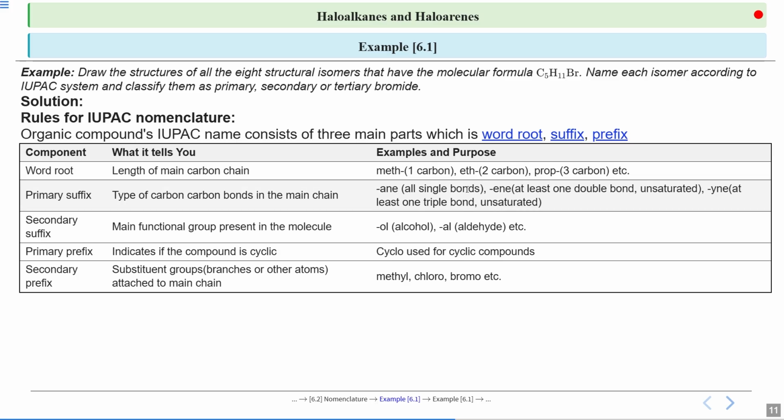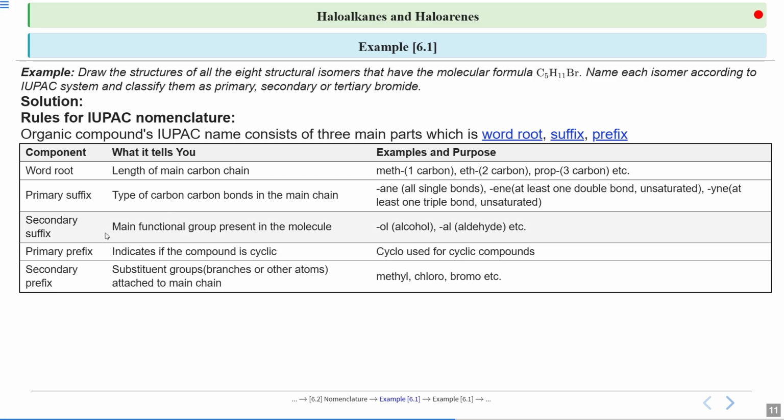If all single bonds are present in the parent chain, then we use ane as the primary suffix. If we have at least one double bond, or an unsaturated hydrocarbon, then we use the primary suffix ene. Similarly, we use the primary suffix yne when at least one triple bond is present in the parent chain, or it is an unsaturated hydrocarbon.